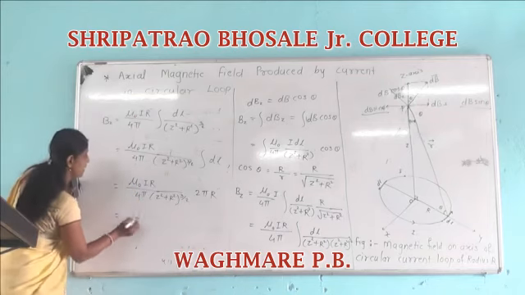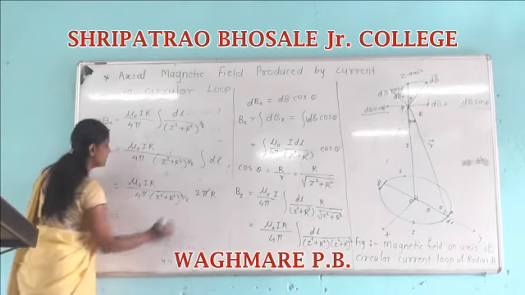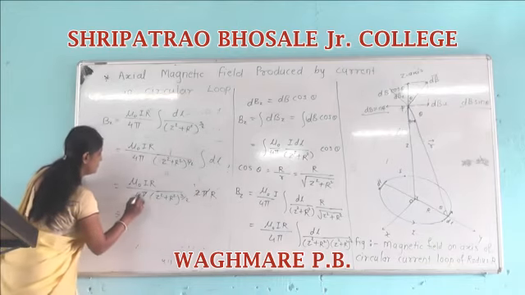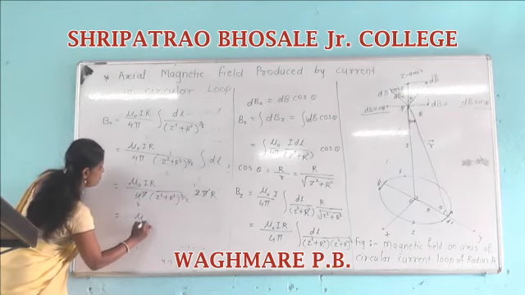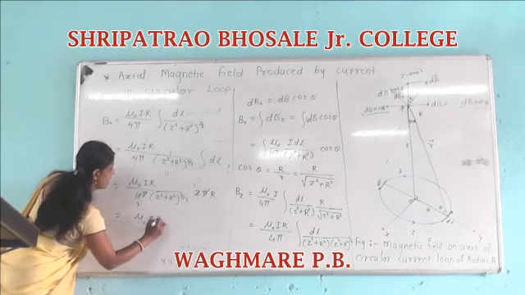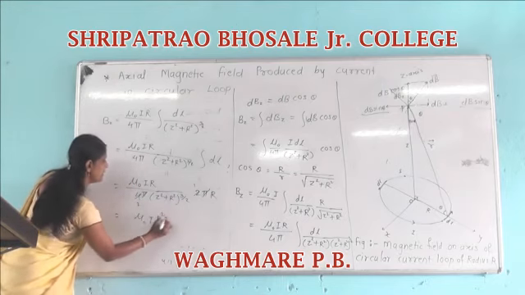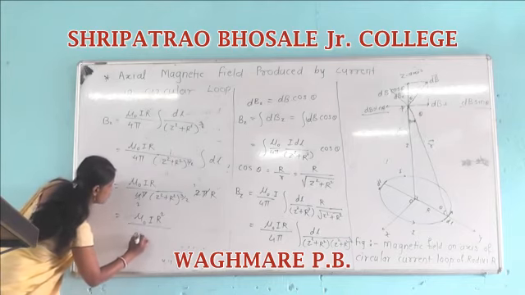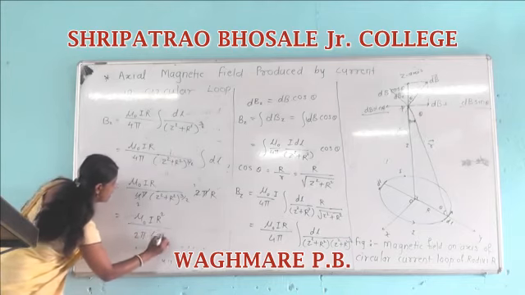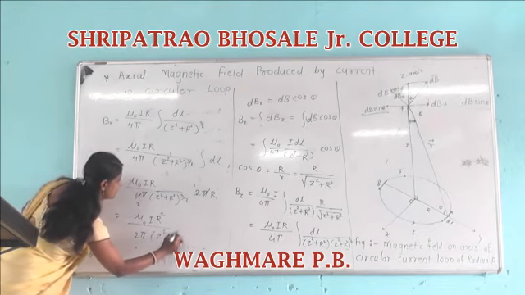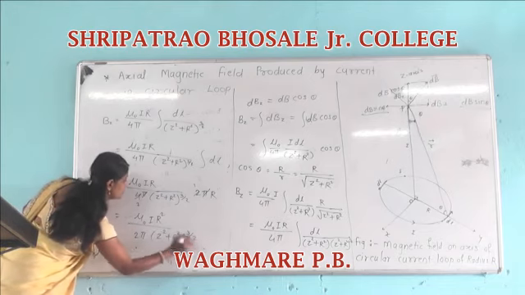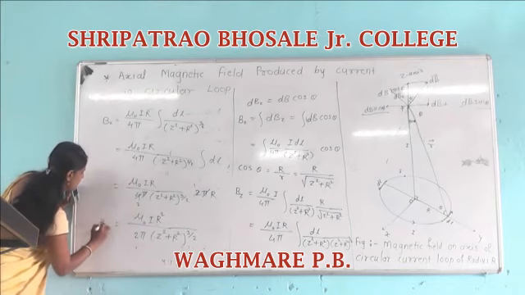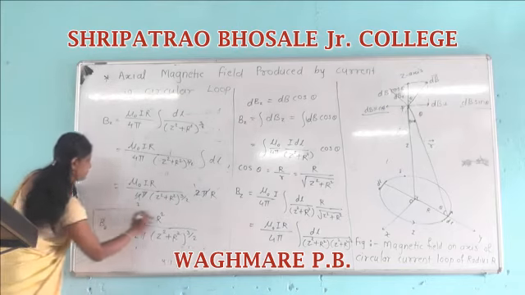Therefore, this pi will be cancelled. Then mu naught R, this R into R will be R square, upon 2 times z square plus R square raised to 3 by 2.